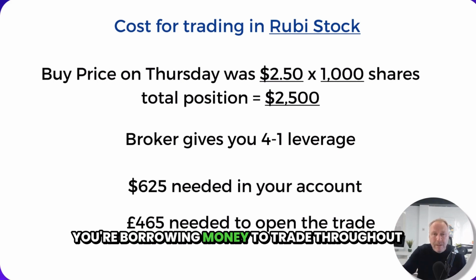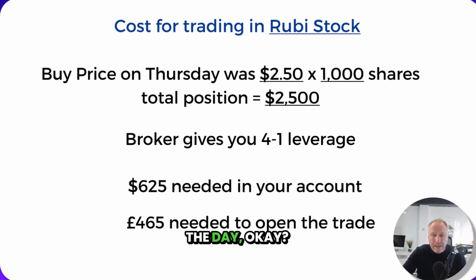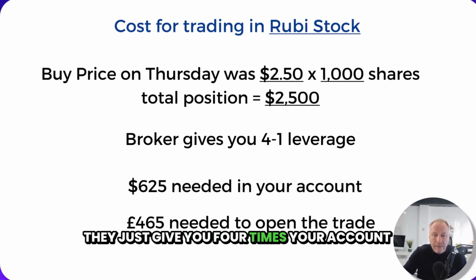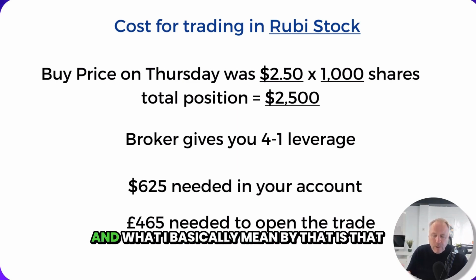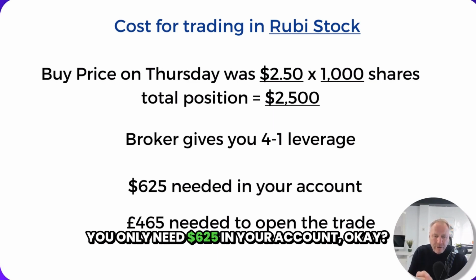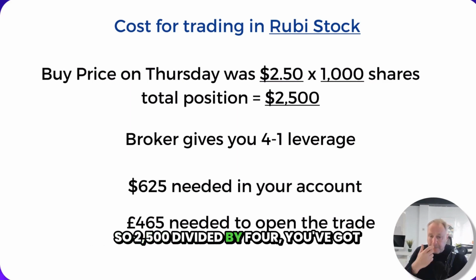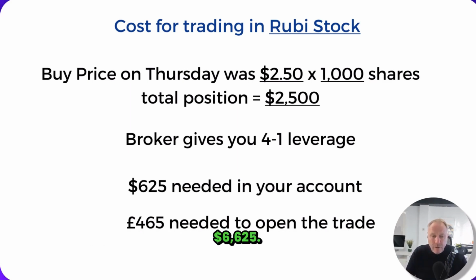Now, the broker gives you what we call leverage. You're borrowing money to trade throughout the day. Okay, they give you 4 times position size. And what I basically mean by that is that you only need $625 in your account. Okay, so 2,500 divided by 4 is $625.